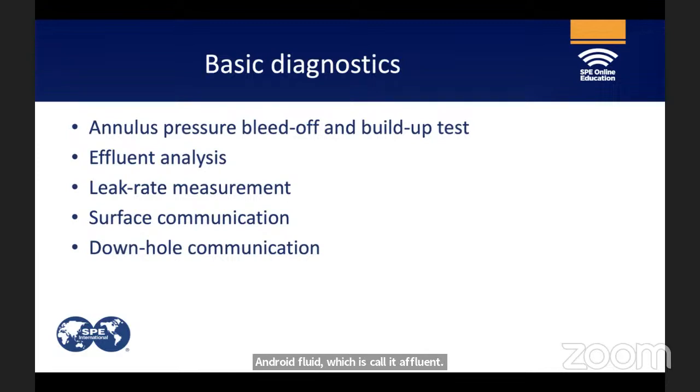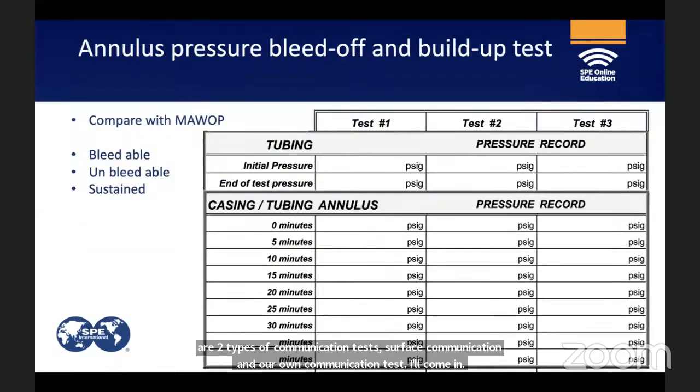There could be leak rate measurements. If the pressure is sustained and API has defined certain acceptable leak rate limits, if the leak rate is beyond that limit, then it has to be risk assessed. There are two types of communication tests: surface communication and downhole communication test. I'll come to that very soon.